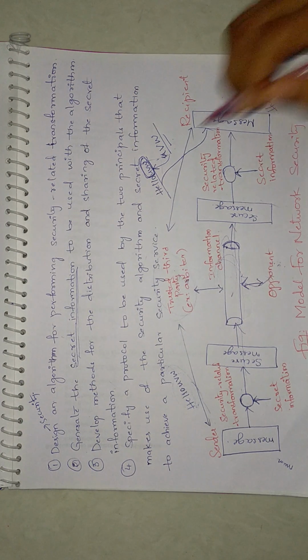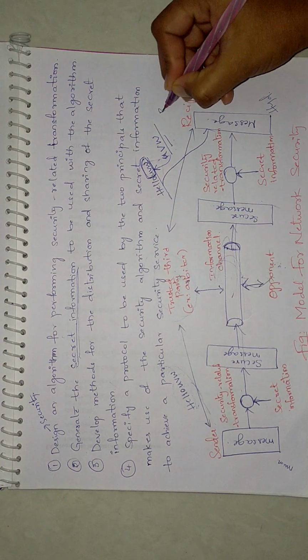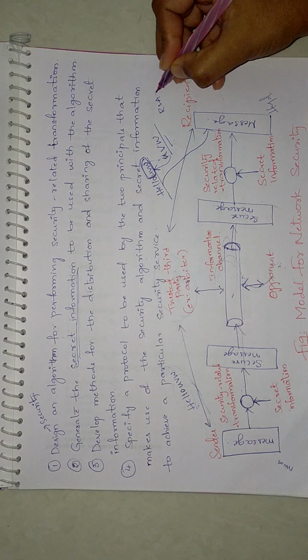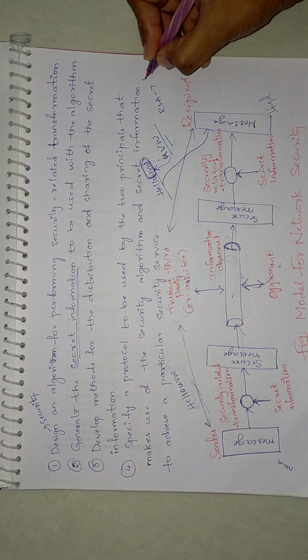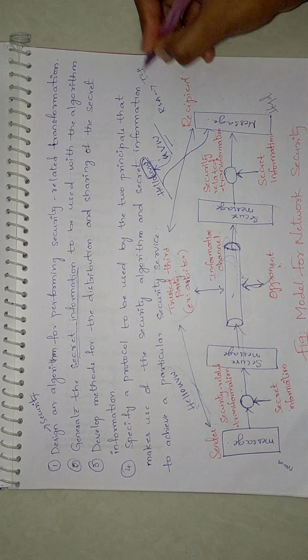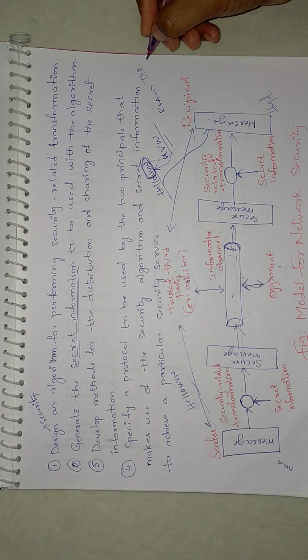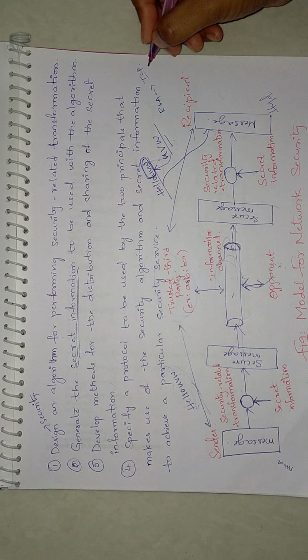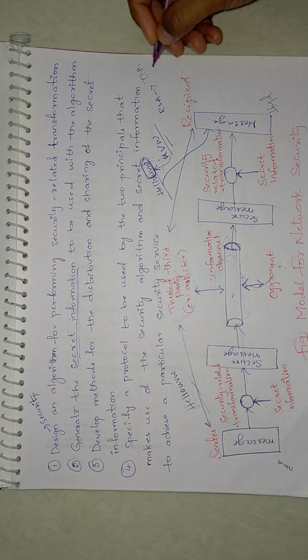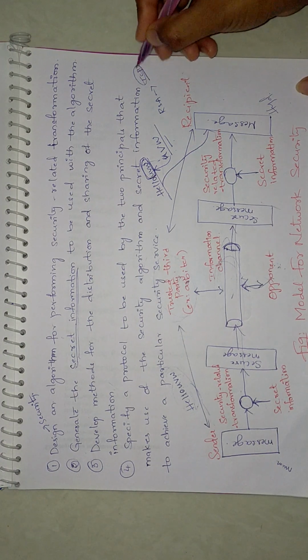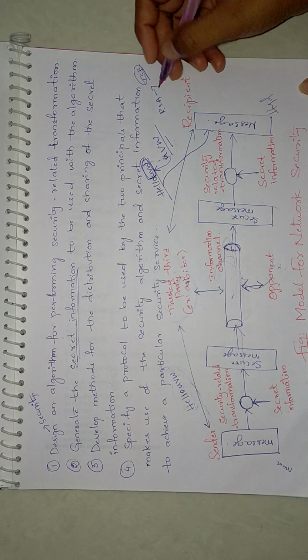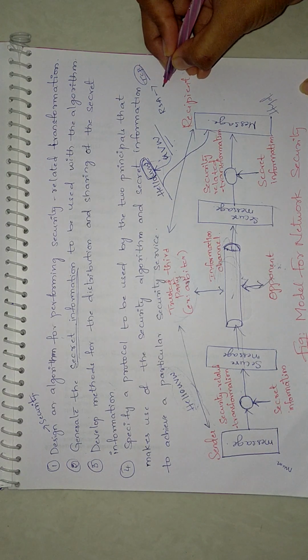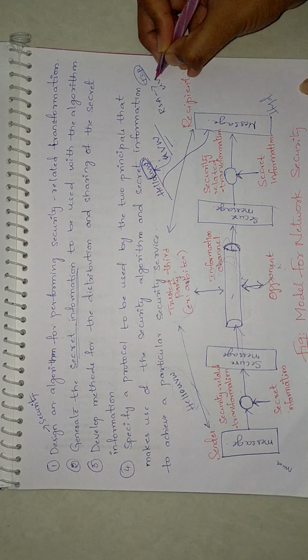For example, I'm using the RSA algorithm, and I'm using the TCP protocol or any other protocol, that depends upon the sender and the receiver, or the complete network security system team. Using RSA and the TCP protocol, they generated the secret information to append as UVW.